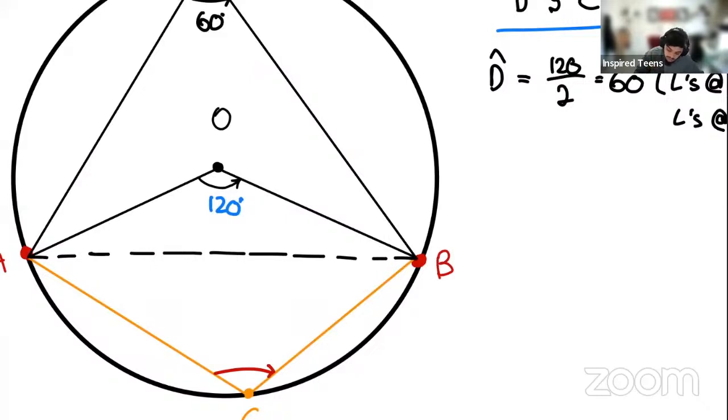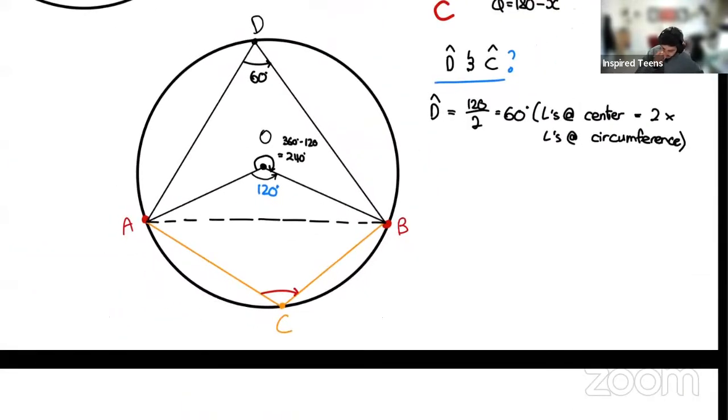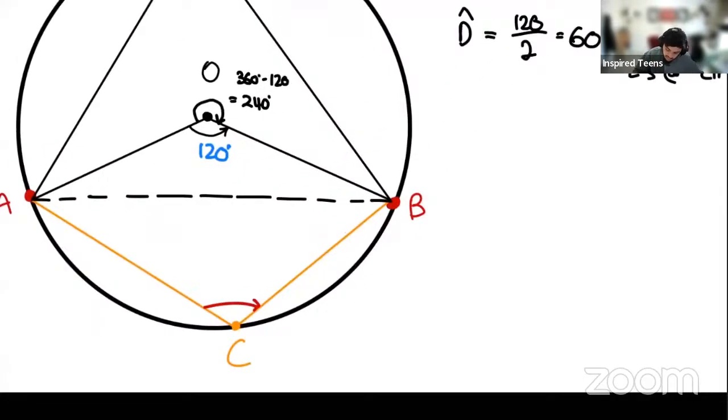So the way we do that is we calculate the reflex angle. The reflex angle here is going to be 360 minus 120, which is equal to 240 degrees. Then that 240 degrees, we halve it to give us C. C is equal to 240 over 2, equal to 120.